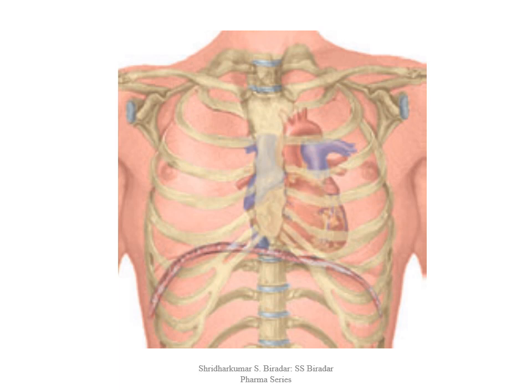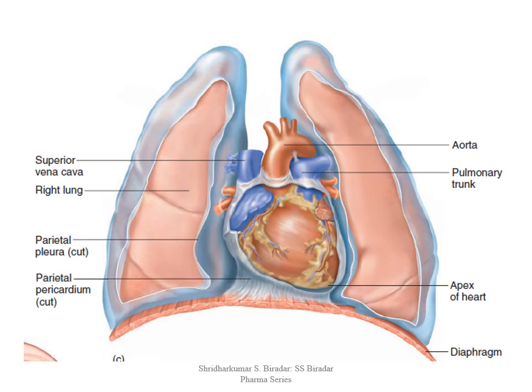Lateral means on the side. In this image, the lungs are laterally located to the heart, and the heart is superior to the diaphragm. The lungs are laterally attached to the heart.